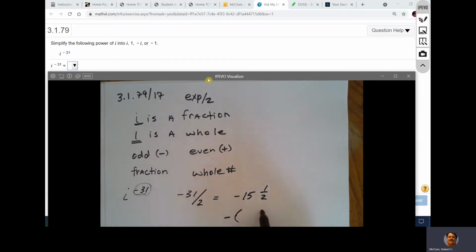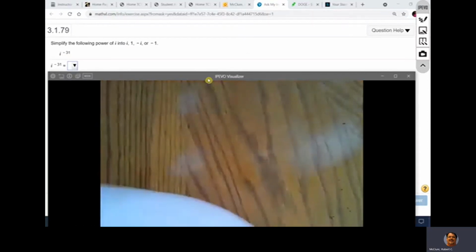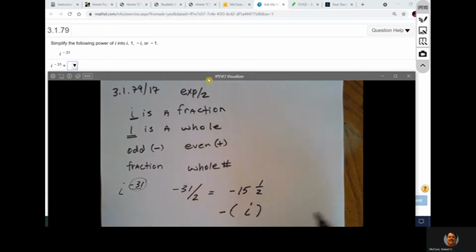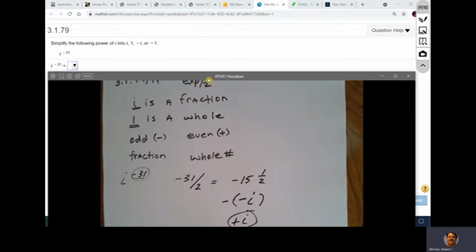Now, what have I got as far as an i? Is 15 and a half a fraction or a whole number? It's a fraction, so it's i. And is 15 and a half odd or even? It's odd, so that's a negative i. And negative times a negative is a positive i. And that's how you do those type problems.